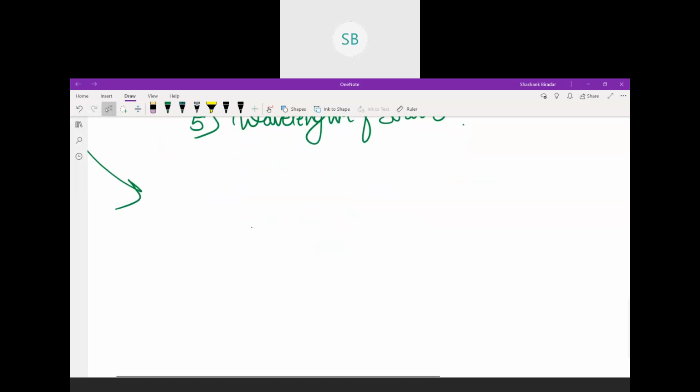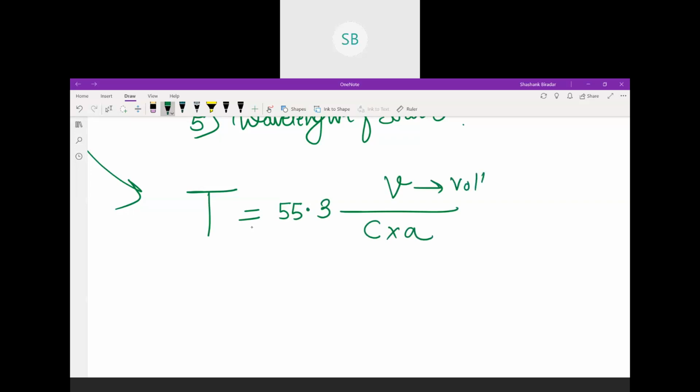the mathematical expression for this reverberation time could be written as capital T equals 55.3 into V divided by C into A, where V is the volume of the room, C is the speed of sound, and A is the total absorption.